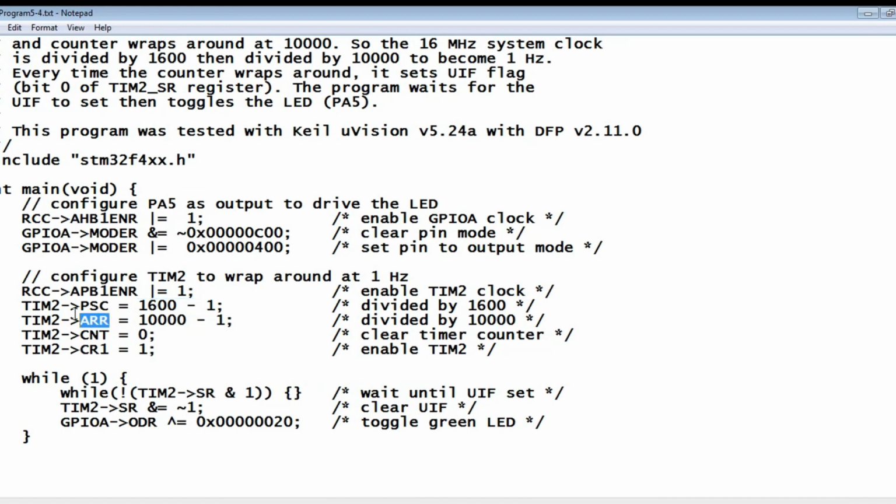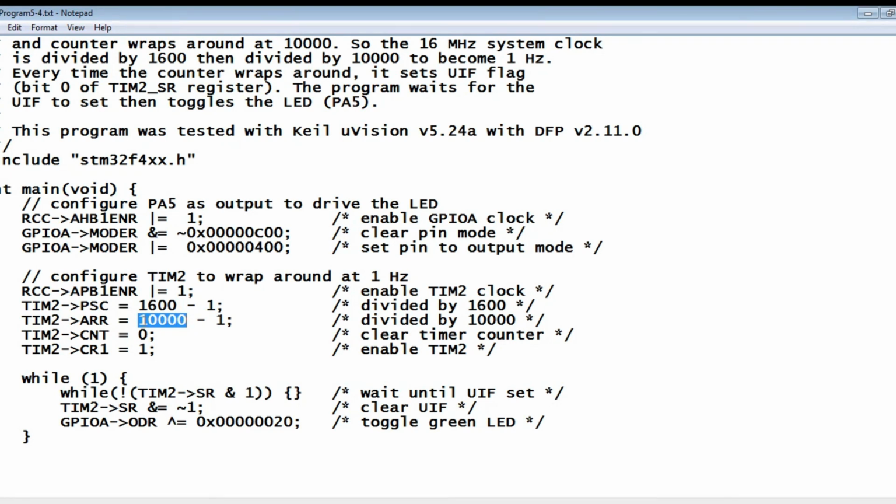Then the auto reload value I have calculated as 10,000. But here you need to keep in mind that, as we have seen in the system tick timer also, we are counting from 0 to the maximum value. So if the auto reload value is 10, you are counting from 0 to 10, so 11 clock cycles will be used. In my case, if I write 10,000 directly, 10,001 clock cycles will be taken for counting.